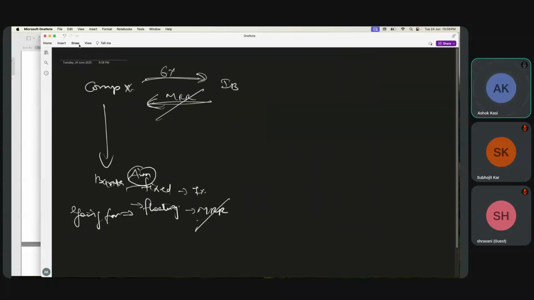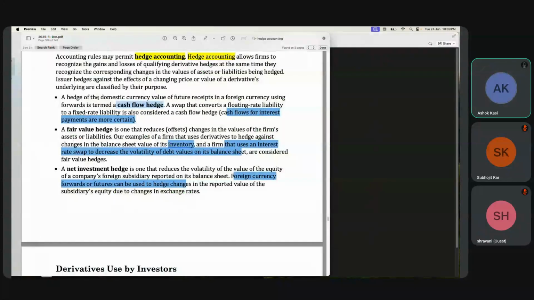Net, 6% and 7%, net 1%, they are able to gain out of this, because finally they end up paying only 6% instead of 7%. Now this is reported as a cash flow hedge, or this is termed as cash flow hedge. So that is the term for cash flow hedging.